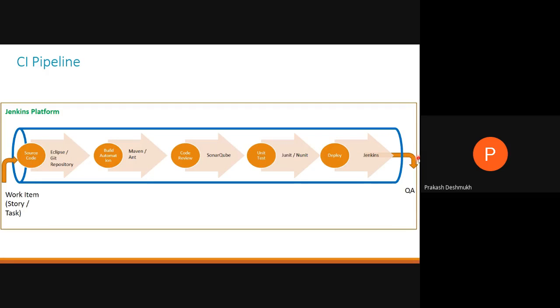Once the build is successful, you do code review during your development in the individual IDE, or when integration has happened on the integration stream, you also do Sonar code review using SonarQube. If all thresholds are acceptable for code review, then JUnit testing is done. Once unit testing is successful, then deployment using Jenkins.